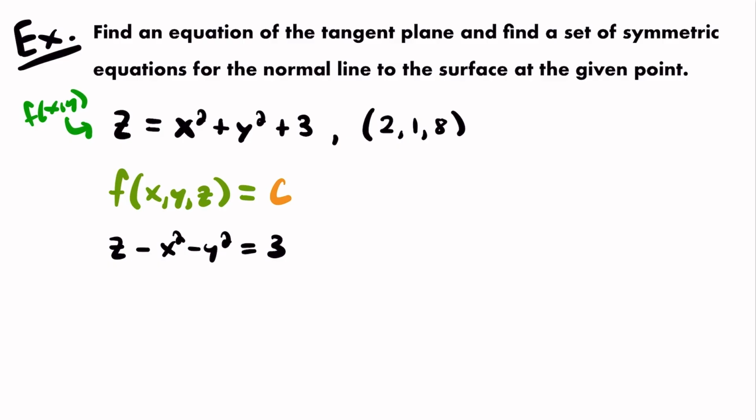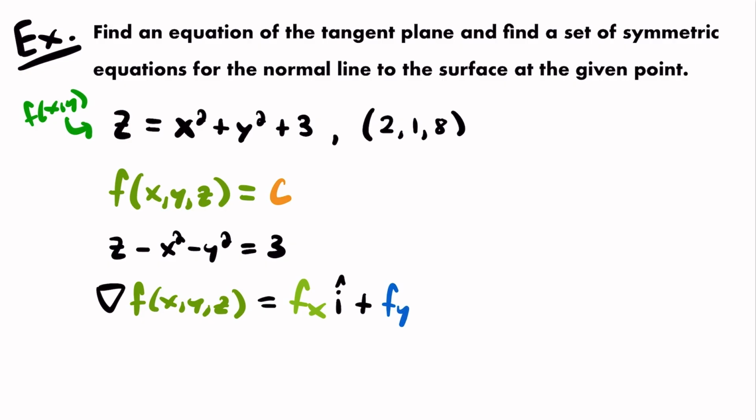And so that will look like this. The gradient of f of x, y, z is equal to the partial derivative with respect to x times i plus the partial derivative with respect to y times j plus the partial derivative with respect to z times k.